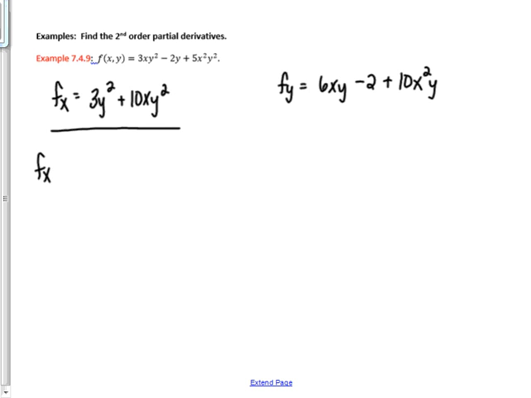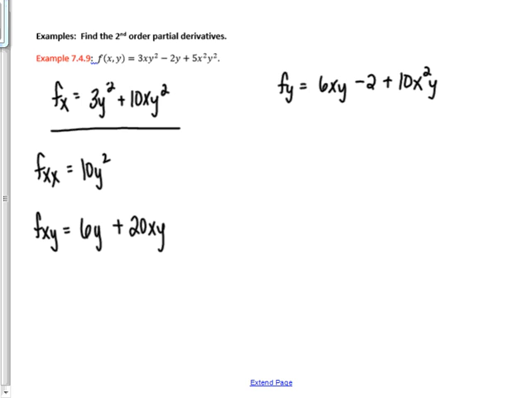Then from this one, you're going to get 2 of them. You're going to take it again with respect to x. So if I took it again with respect to x, no x here, the derivative of that one would be 10y squared. And then you're going to go back and take it now with respect to y. So the derivative of 3y squared is 6y, plus the derivative of this one would be 20xy.